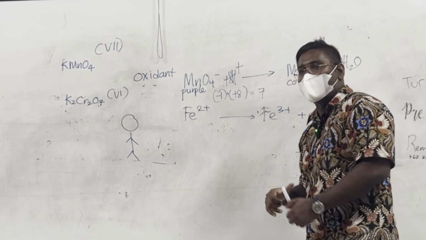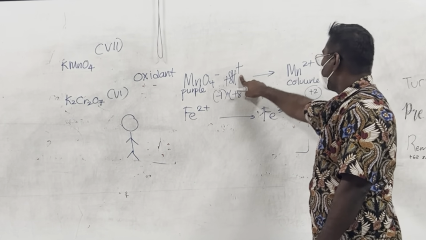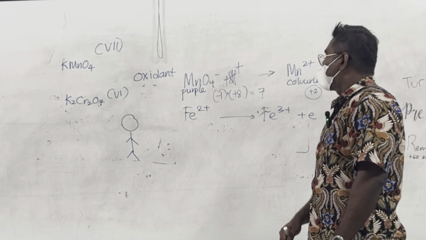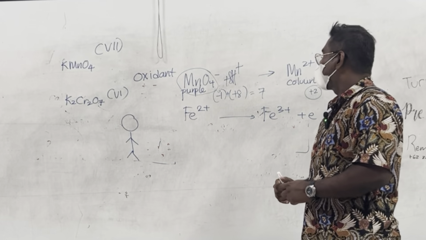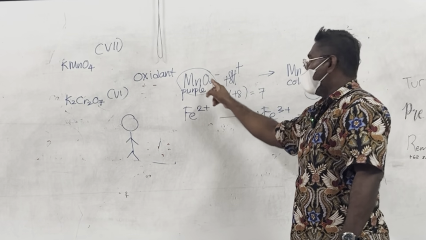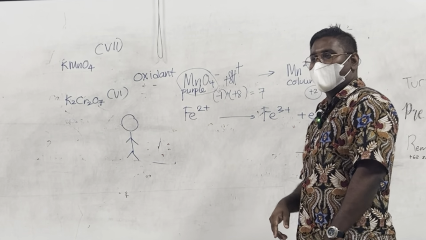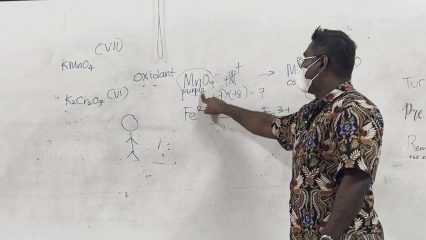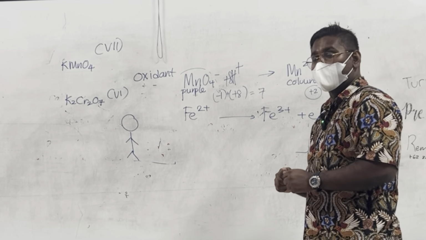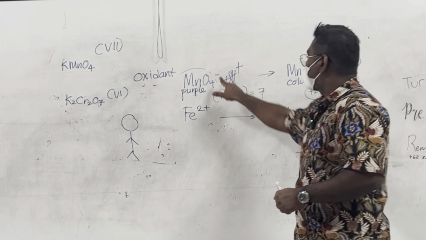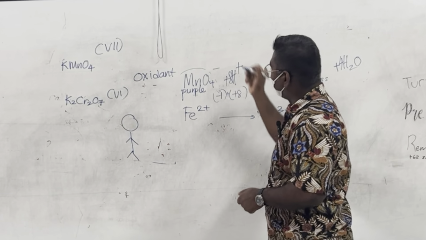How many electron do you add? This entire thing, the charge is negative 1. Just now I told you, right? So the entire thing is going to be negative. It's always written like that. Maybe if I write like this, is it okay?